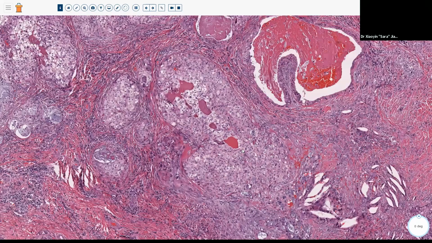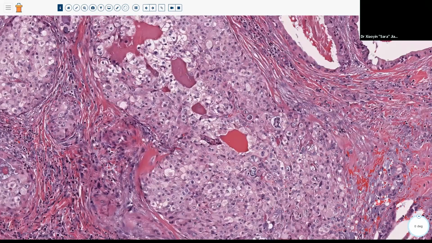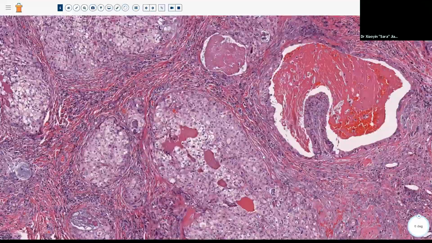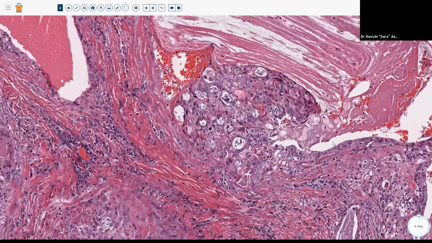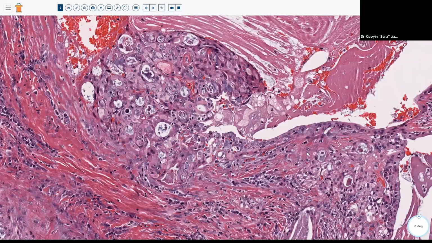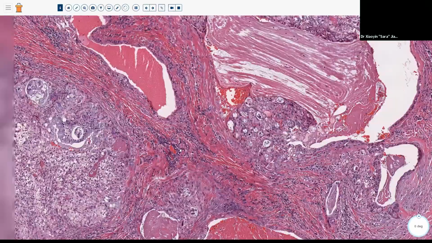So we have these areas that are kind of more pleomorphic and look alternatingly kind of squamoid. Some of these look like maybe they have some clear cell change. There's cystic areas as well with macrophages. And then there's cells that maybe look like they have a little mucin in them. See if we can find some better ones.